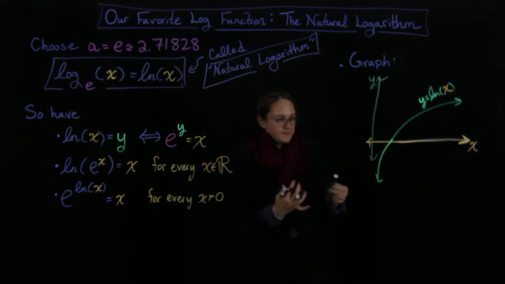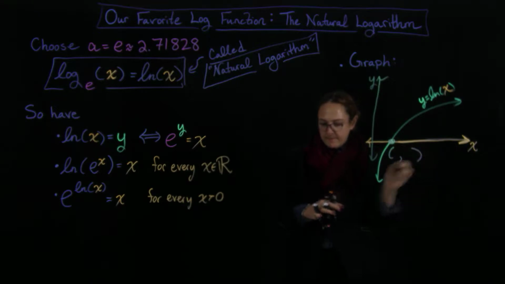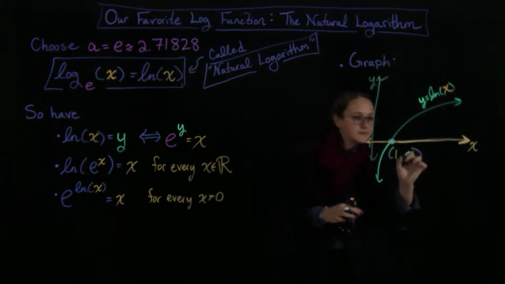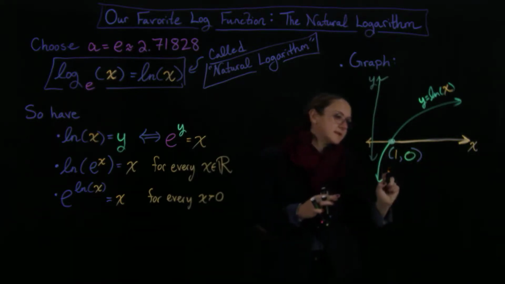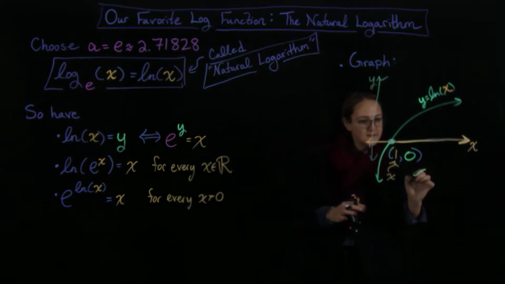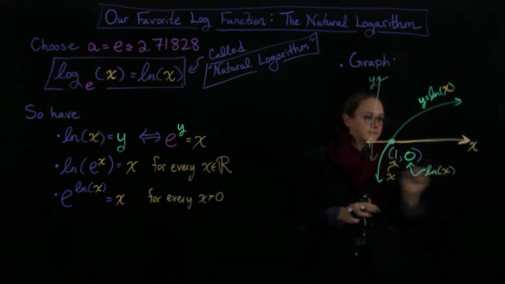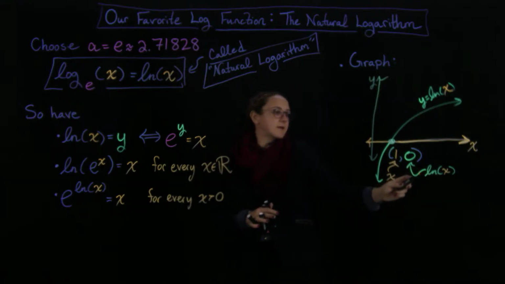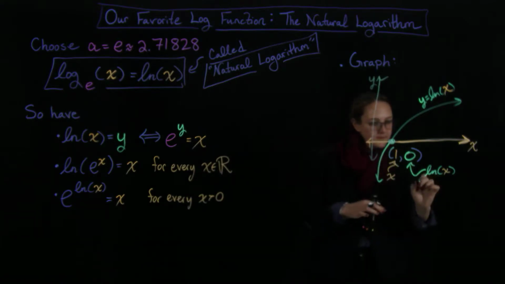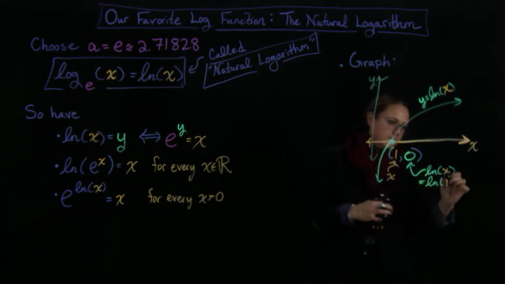And we know this particular point right here, the point (1, 0), where my second coordinate is always the ln of x. That came from the fact that the natural log of 1 equals 0.